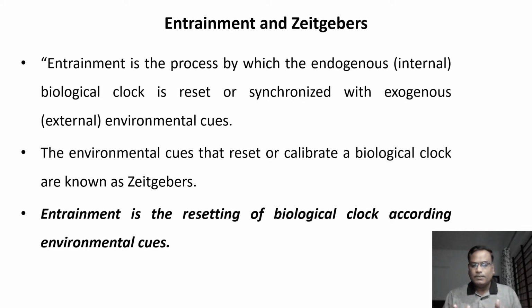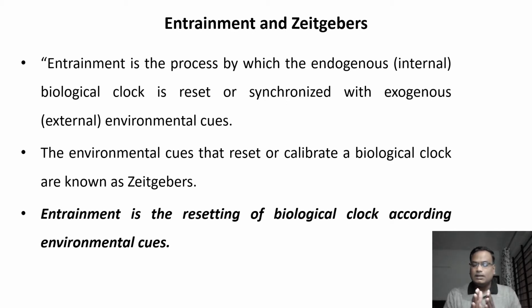So if your own clock is your own biological rhythm, the other clock which works like a reference, which your body is using as a reference, becomes the Zeitgeber. The environmental cues that reset or calibrate a biological clock are known as Zeitgebers.